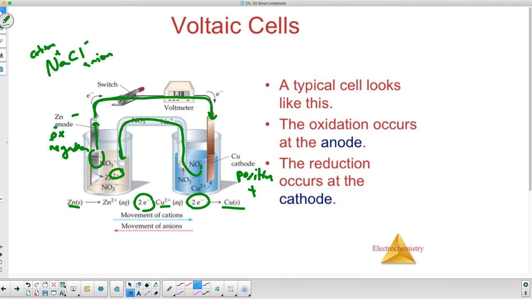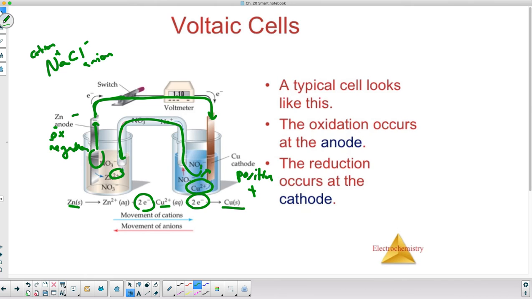So the copper solution here with the plus 2 is now forming the actual copper metal on the electrode, and that's how we're getting more and more. We're getting a buildup of copper metal on the electrode for the cathode, but we're losing zinc metal on the anode. Okay, I explained that as best I could.